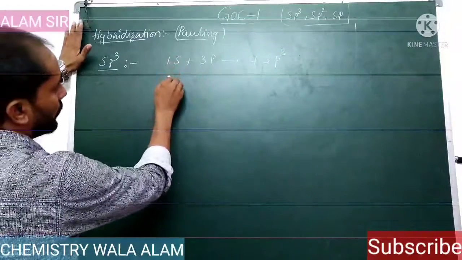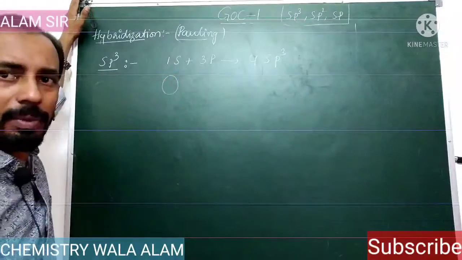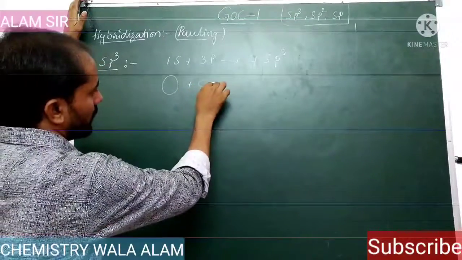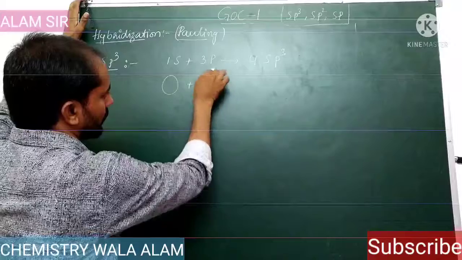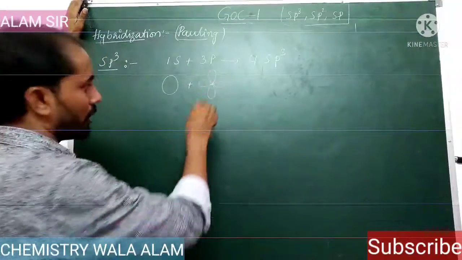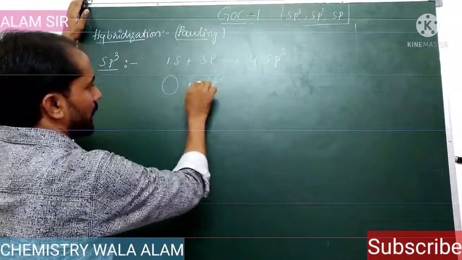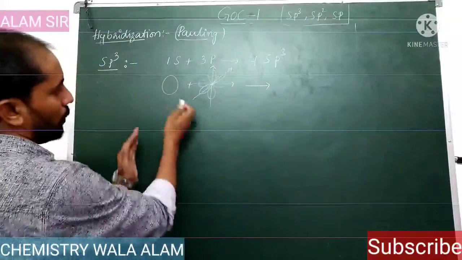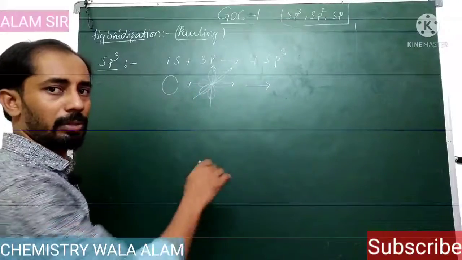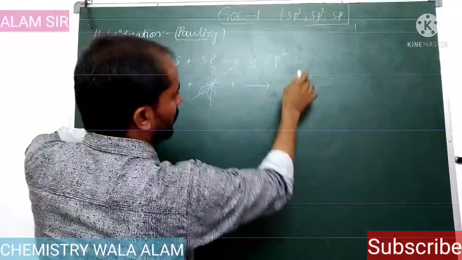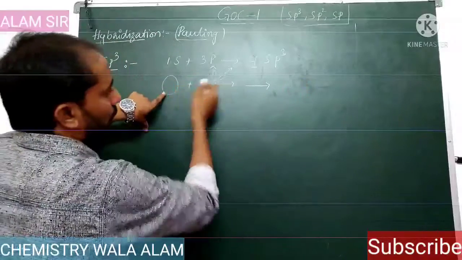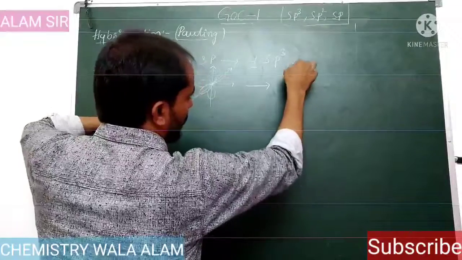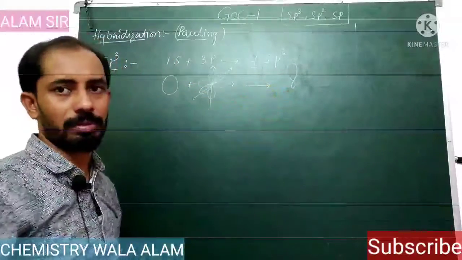The 1 s orbital is spherical. The p orbitals are px, py, and pz, along the x axis, y axis, and z axis. Totally 4: 1 s orbital and 3 p orbitals. So finally how many should form? 4 sp3. This is the p part, this is the s part.